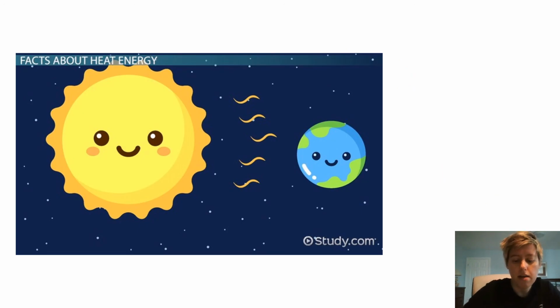So if we have this right here, this is what we would see in a more planetary type scenario. And we have our cute little sun, and we have our Earth. And the key thing is that our sun basically produces energy in the sense that it has nuclear energy.